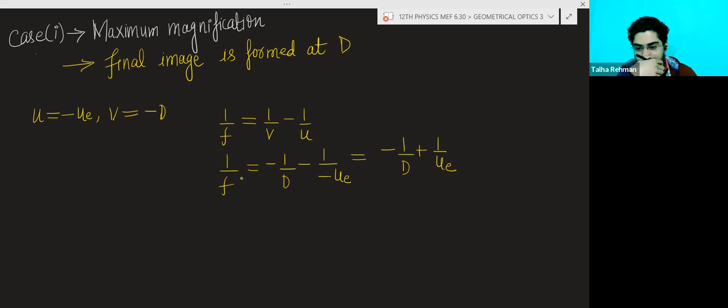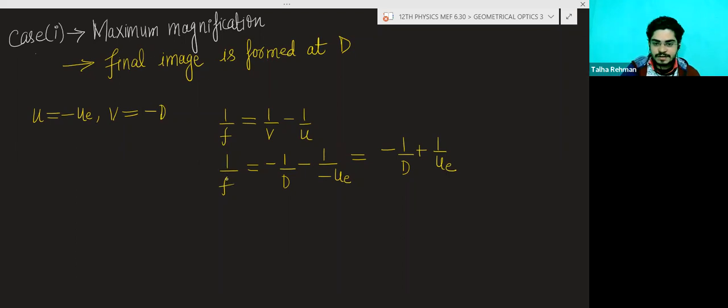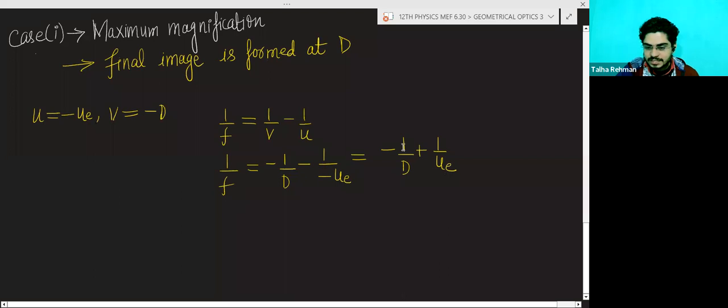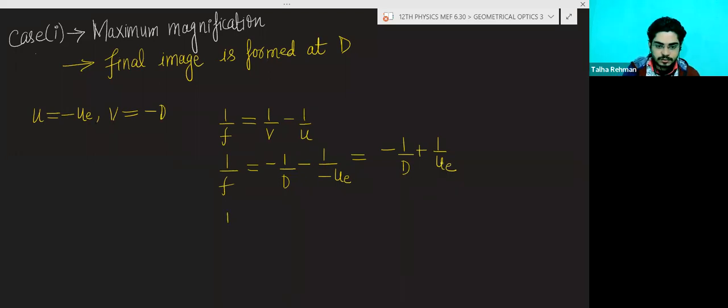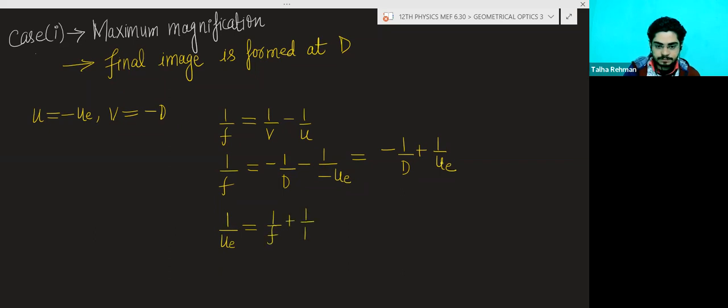So 1 upon F is equal to minus 1 upon D plus 1 upon UE. So from here you can get 1 upon UE is equal to 1 upon F plus 1 upon D.